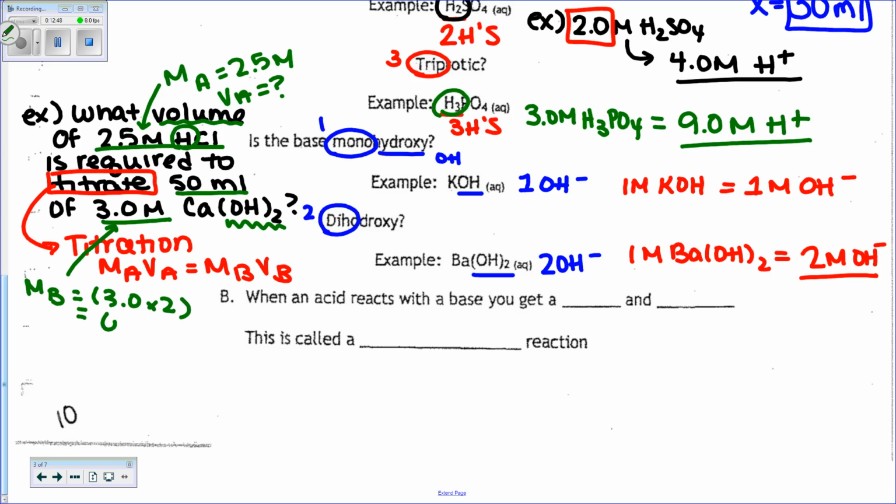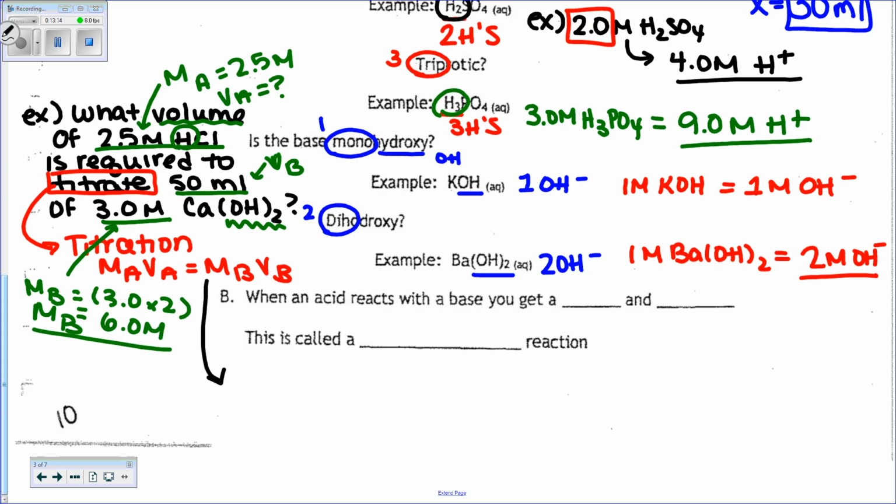So that's really 6.0 molar for your molarity of base. This is the number you'll want to use. And then here, they gave me the volume of my base. So I can go ahead and plug into my titration equation. I have 3 of the 4 variables, as long as I made sure I manipulated my concentration for my base, because there was more than 1 OH.